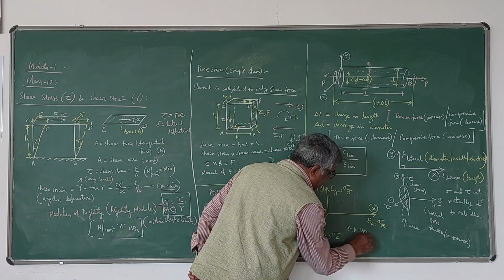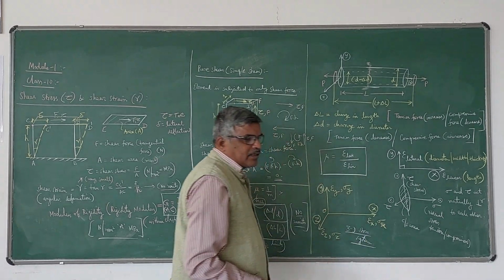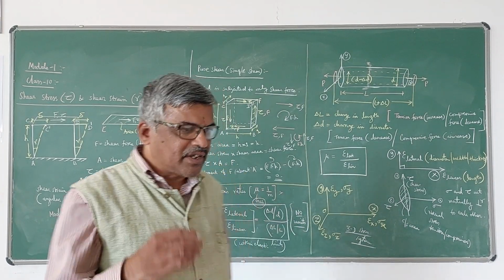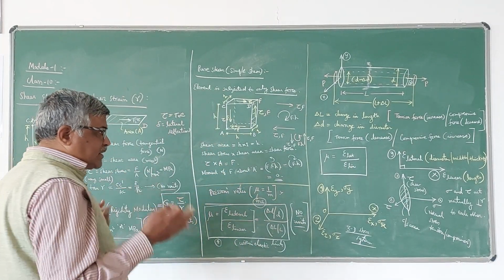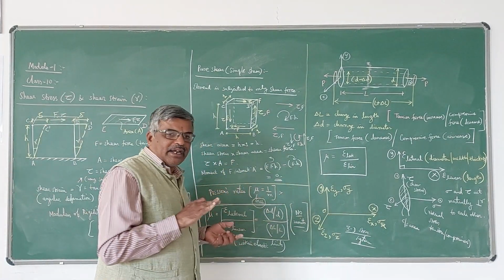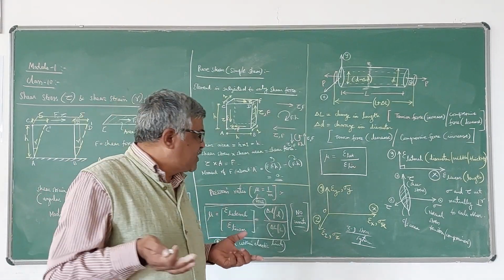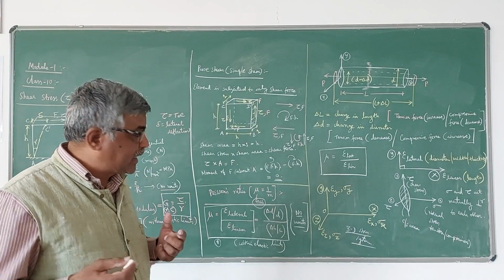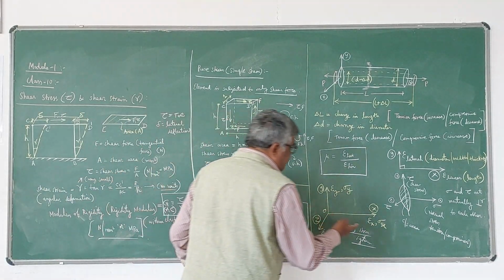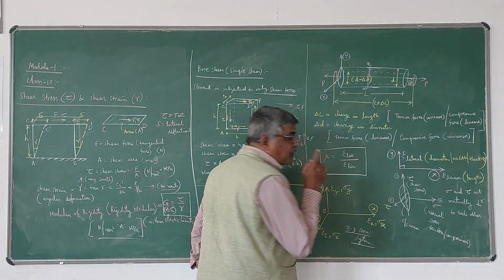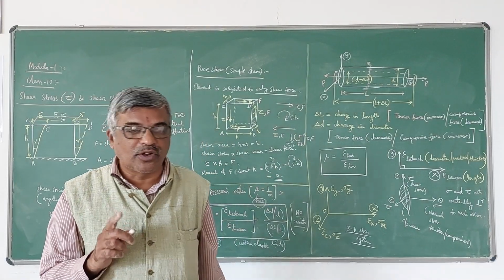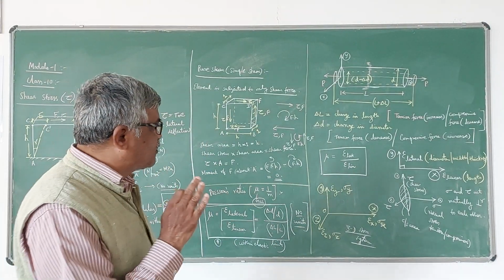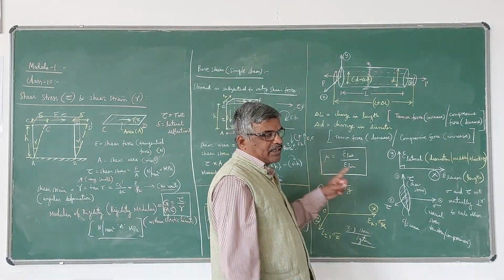If the stress is acting in only one direction, it is uniaxial stress. If the stress is acting in two directions, sigma x and sigma y, it is biaxial stress. If the stress is acting in three directions, sigma x, sigma y and sigma z, all three, it is called triaxial stress. If only tension or compression force is acting, it is uniaxial.